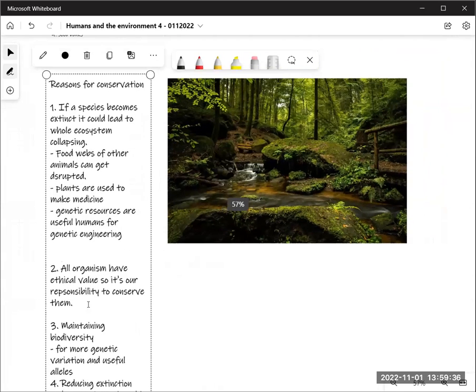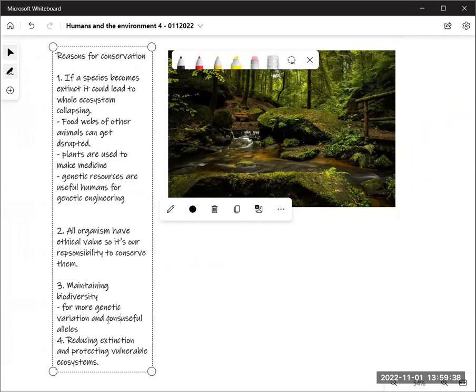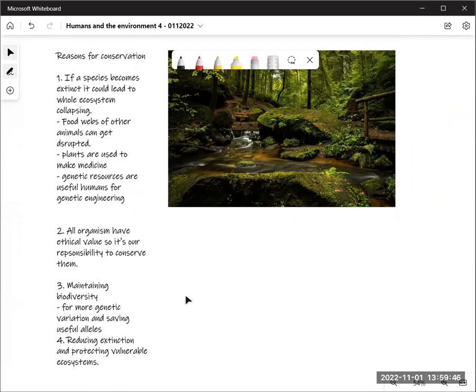And let's say saving or conserving useful alleles. So the more biodiversity we have, the more genetic variation we get. And therefore we can pick and choose different varieties of alleles in plants. But if you have a very small genetic variation, that would be a very big problem because then the plant cannot get suited to its environment.